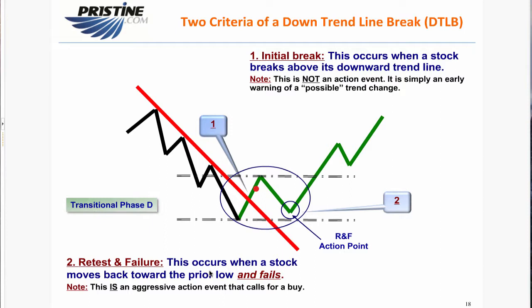So then, as this continues to trade, as we get more information, if we get a retest and failure, if this occurs, it can be viewed or taken as an aggressive long entry, playing a double bottom.